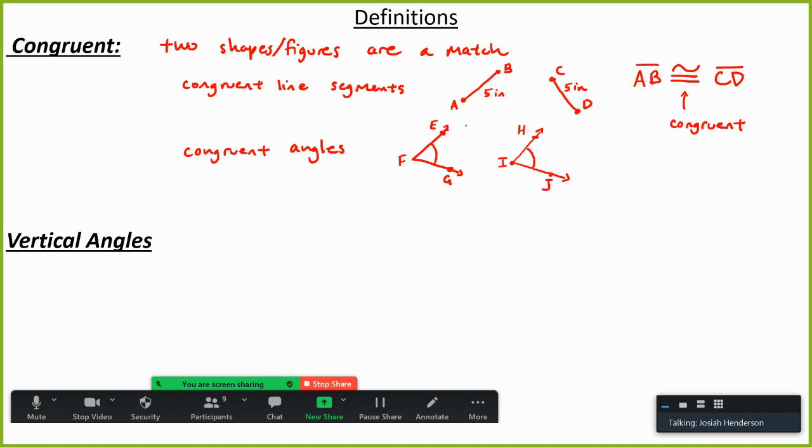And if these are a complete match, in my example, let's say that EFG is 45 degrees and HIJ is also 45 degrees. I want to stress again that they're not the same shape, right? They're two different entities. However, they have a complete matching degree. So therefore, we could say angle EFG is congruent to angle HIJ.